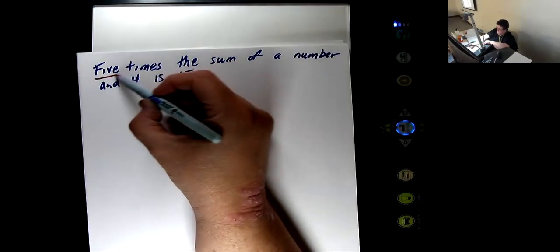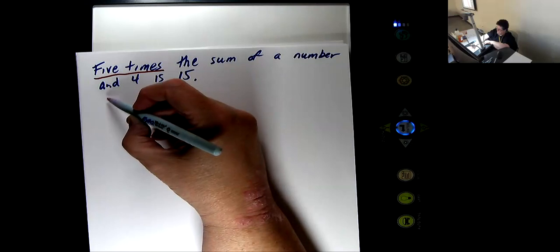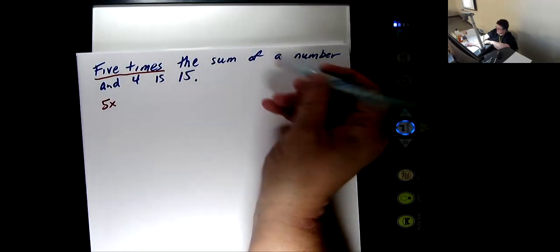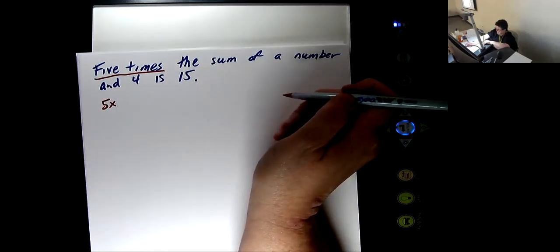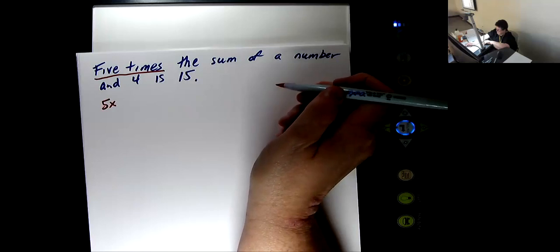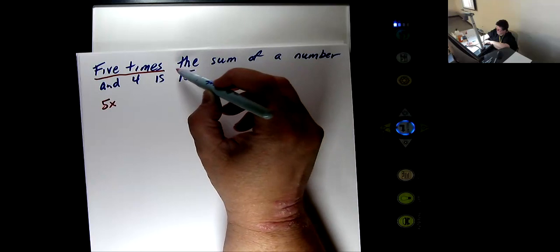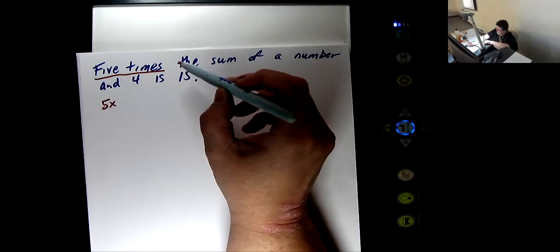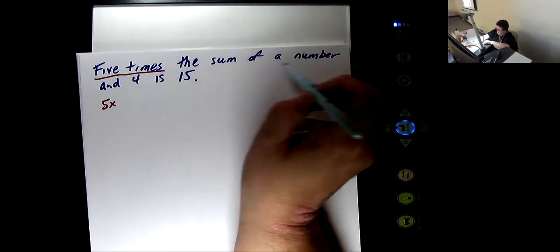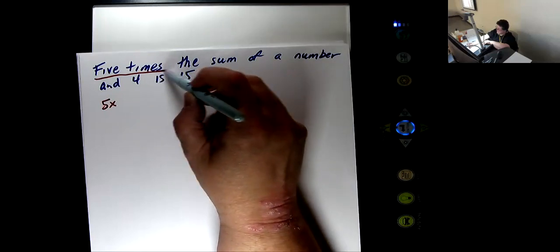So 5 times means we're going to have 5 times something. The way this is worded, they didn't say 5 times the number first, they said 5 times the sum.